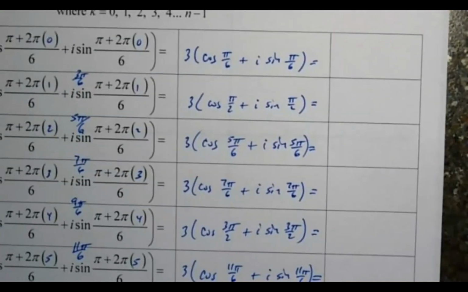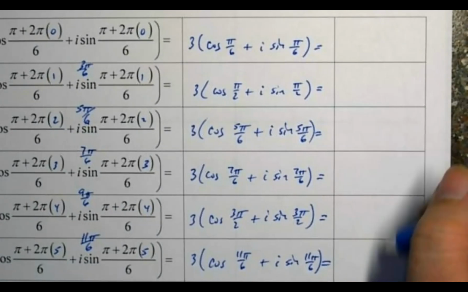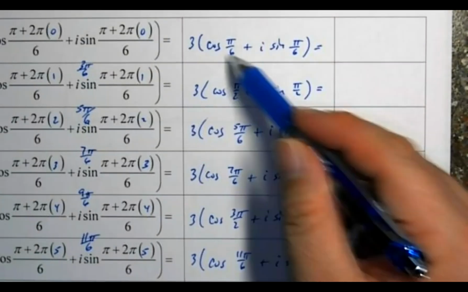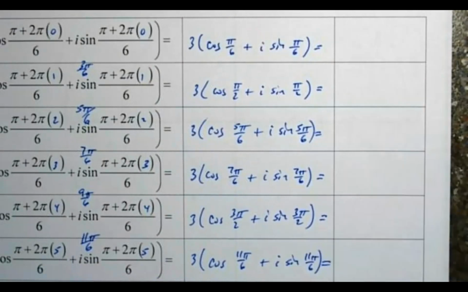Okay. Now we're about to get our solutions. We're going to get 6 solutions in standard form. What we need to do is simplify these and convert these. These are all in polar form now. We just need to convert them back to standard form.